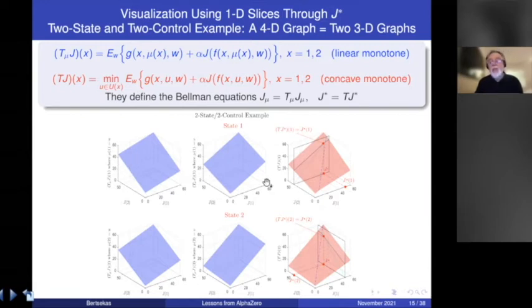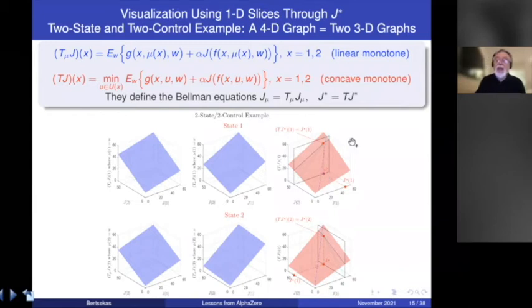Now, the min Bellman operator is obtained by minimizing over these two. So it's a piecewise linear function. It has this red graph here that you see. It's a function of J1 and J2. And I'm showing also J star here. J star is shown right here.